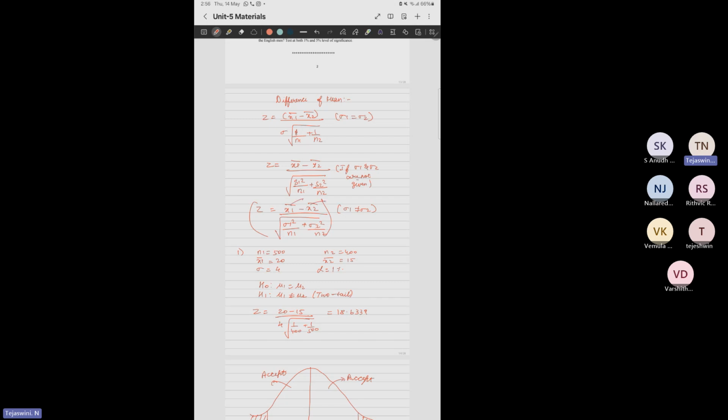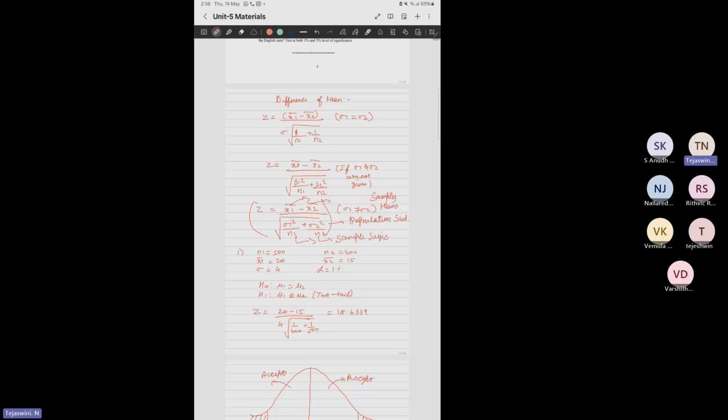This is the general formula. X1 bar and x2 bar are sample means. Sigma 1 square and sigma 2 square are population variances, and n1 and n2 are sample sizes.